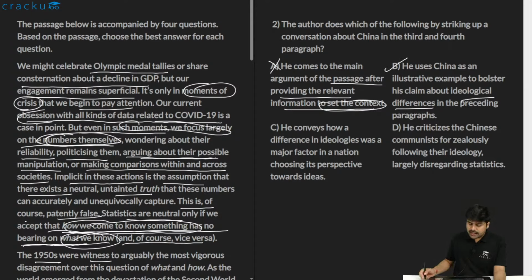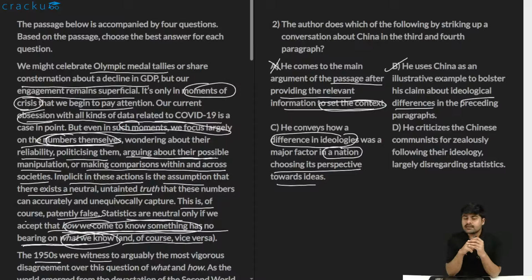Let's look at C. He conveys how a difference in ideologies was a major factor in a nation choosing its perspective towards ideas. Just one nation choosing its perspective towards ideas. Difference in ideologies was a major factor. No. Did Chinese communists choose statistics to be a social science because there were ideological differences, because they wanted to set themselves apart from nationalists?